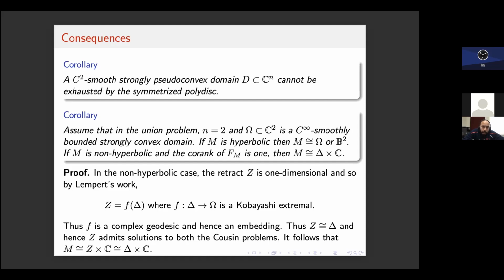So D would be either biholomorphic to the symmetrized polydisc, or there will be a proper holomorphic correspondence from D to the symmetrized polydisc. None of this is possible, so it follows the corollary.